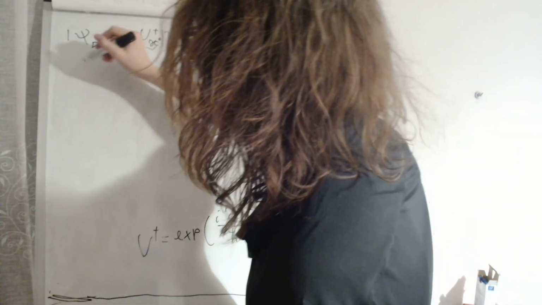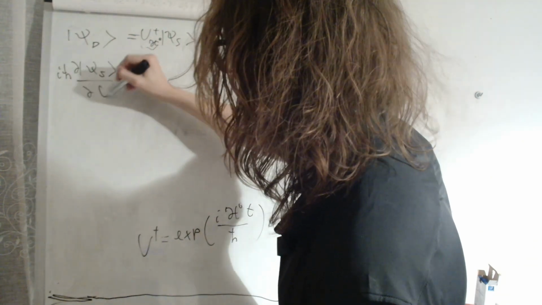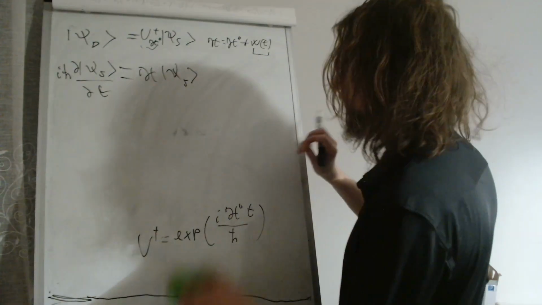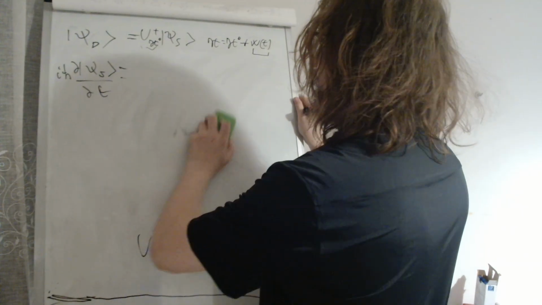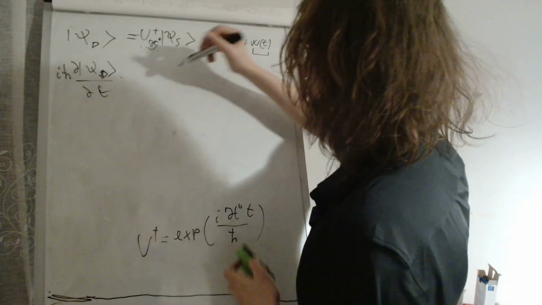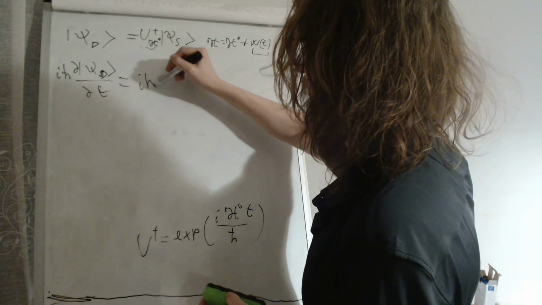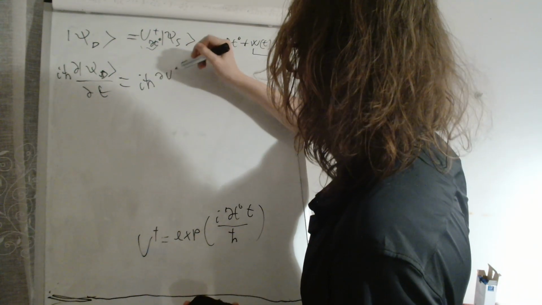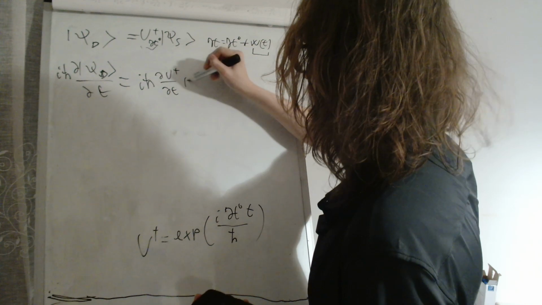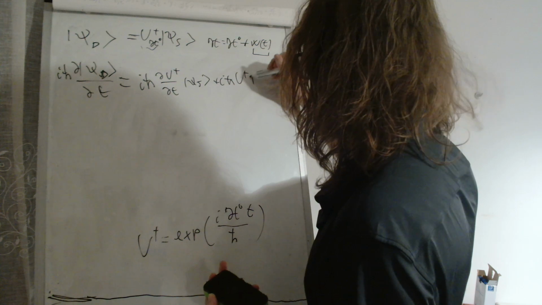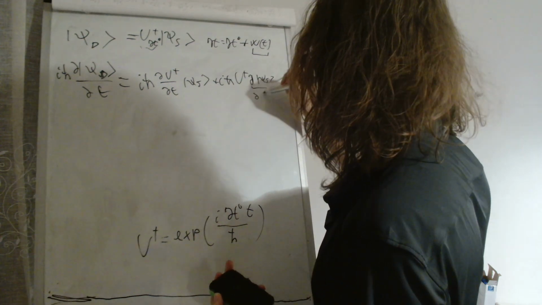So for psi_S we have the Schroedinger equation, iħ time derivative equals H psi_S. Instead, for psi_D, let's see what we get in the right hand side. We use the chain rule, and U dagger is the exponential, so we do the derivative of the exponential, and then we do the derivative of psi_S.